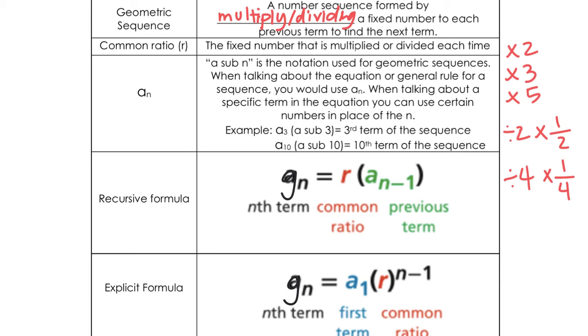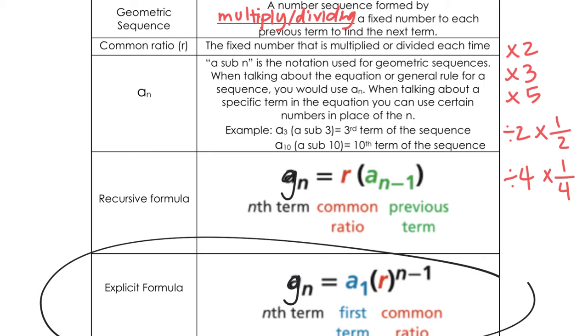Now there's two different equations we can use for geometric sequences. There's recursive and there's explicit. This semester, we're just going to focus on this explicit formula down here. It's basically saying that you take the first term of the sequence, whatever that first number is, a sub 1 or g sub 1, you might see it as, and you're going to multiply by that common ratio.